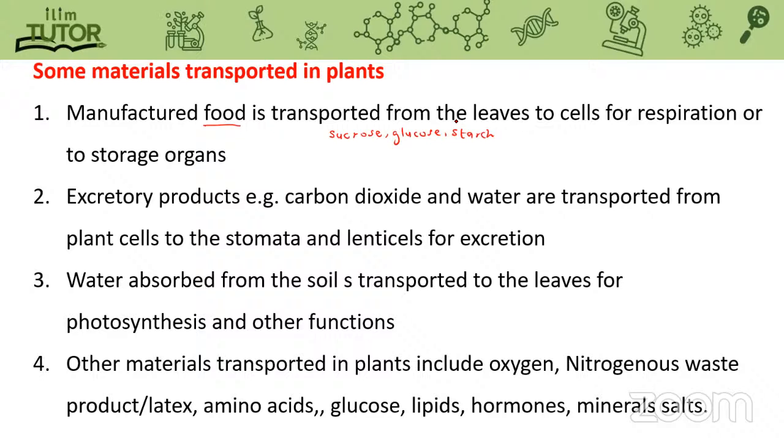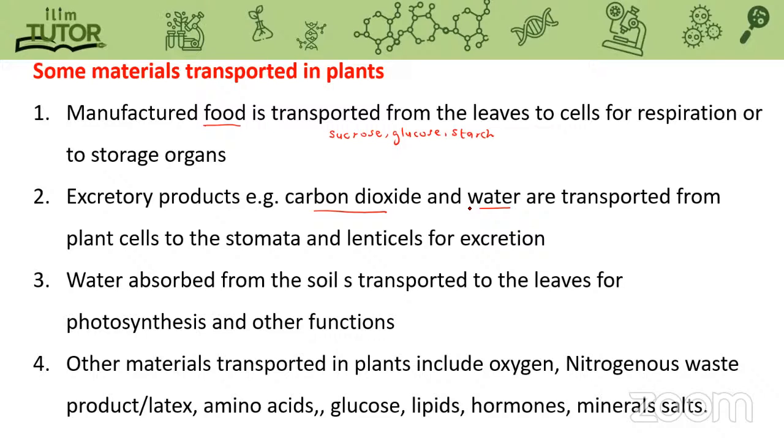Plants equally have excretory products. These products include carbon dioxide and water. Just as in human beings, where carbon dioxide is released as a waste product, carbon dioxide is equally released as a waste product of aerobic respiration in plants.